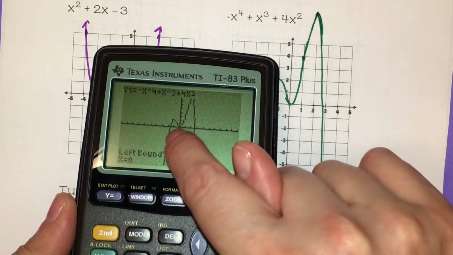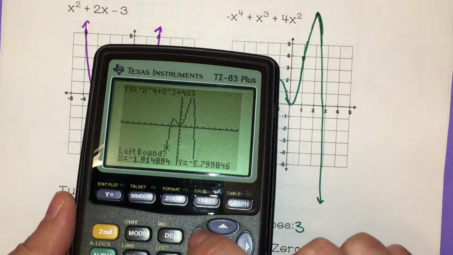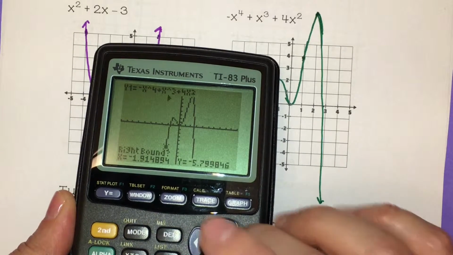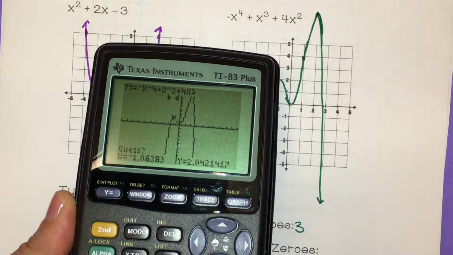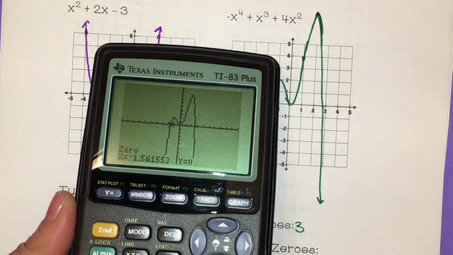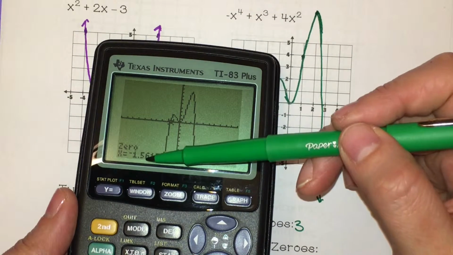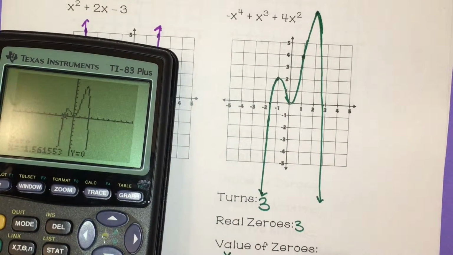I want to identify that first 0. So left bound is just getting to the left of that 0, or below. So now the right side. Okay, I'm going to go to the nearest tenth. So x equals negative 1.6 is my approximate value.